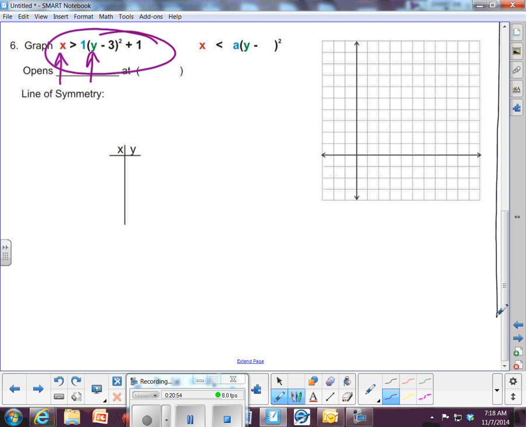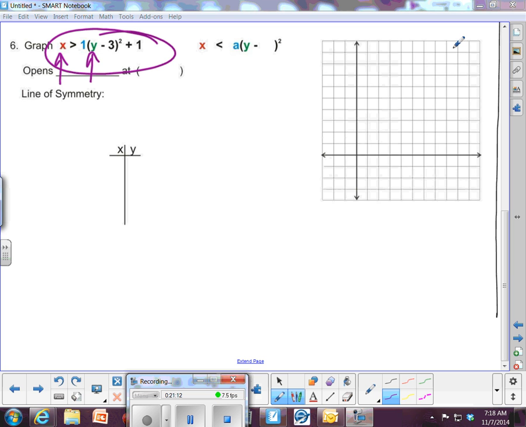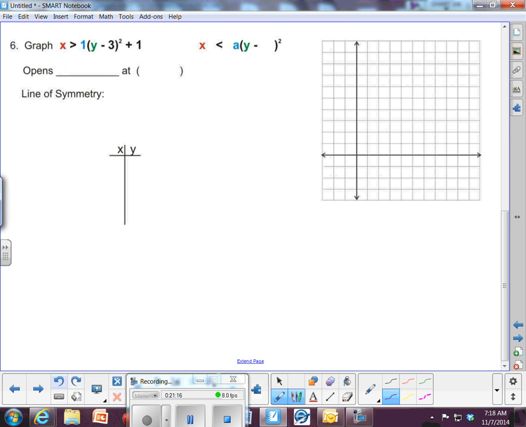This thing is either going to open to the right or it's going to open to the left. Instead of it being a max or min, it's going to open right or open left. Okay. Now it's a horizontal. All right, so that's quite a bit different.